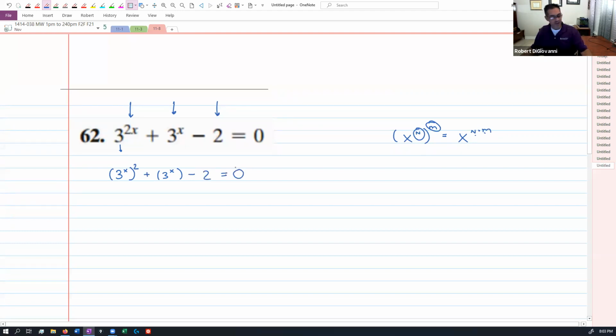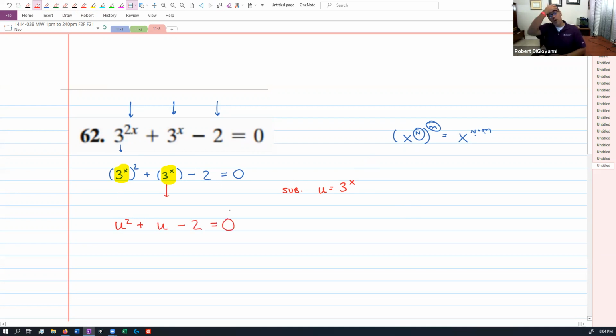It's just to stress now that what's in yellow here, I'm going to make a substitution. I'm going to let u be equal to 3 to the x. And if I do that, then this whole thing becomes, well, that becomes u, but then squared, then plus this right here, that whole thing is just u, and then minus 2 equals 0.